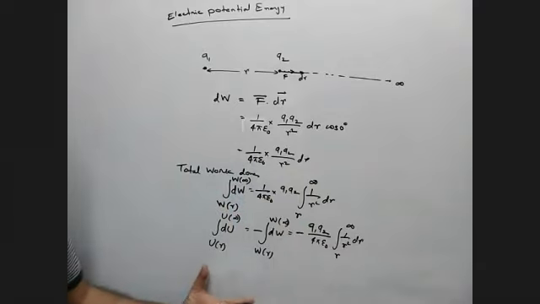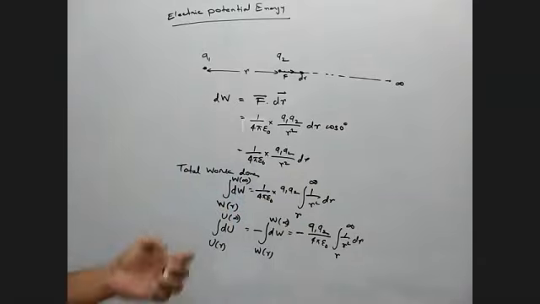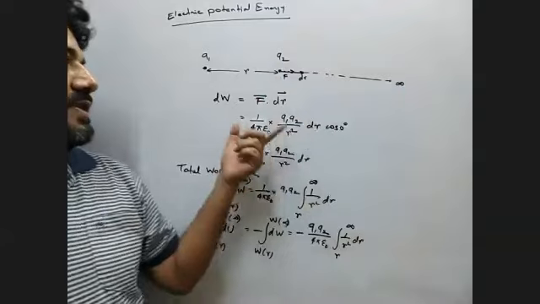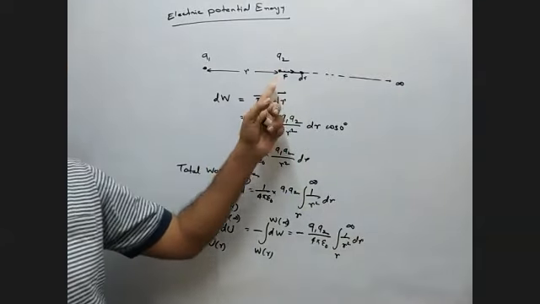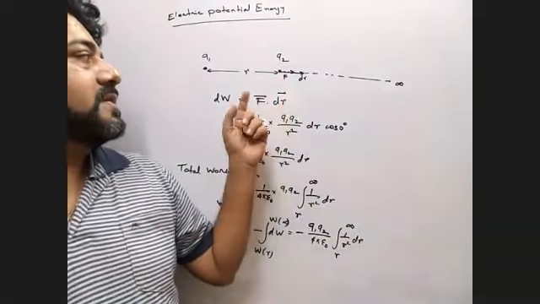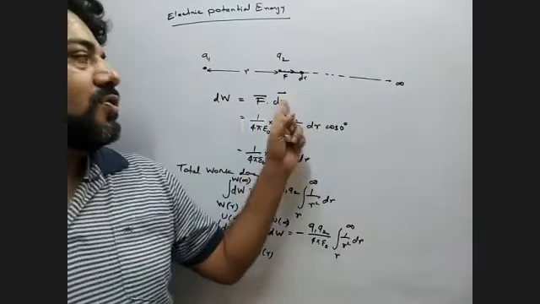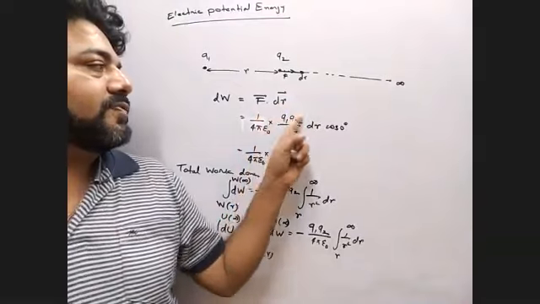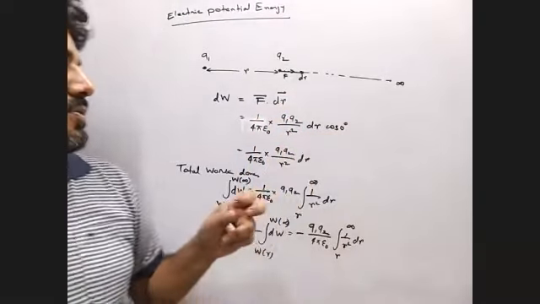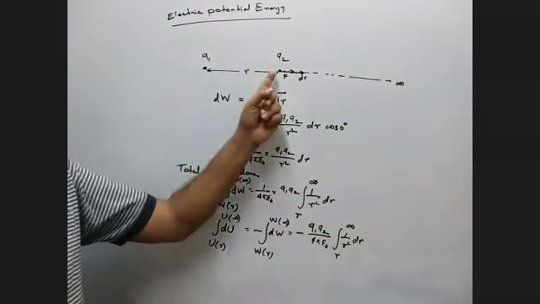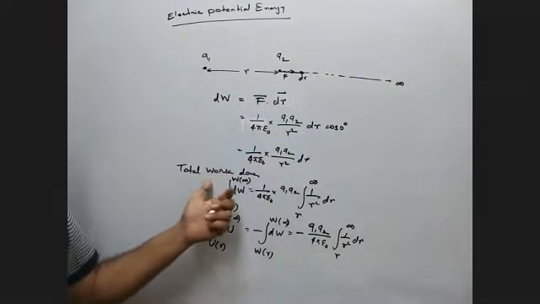Here we calculate the work done to move the particle from r to infinity. That is the work done for a very small instant when the distance is r and the angle is 0, so 1 by 4 pi epsilon Q1 Q2 by r square dr cos 0. As you move from r to infinity, we get the total work done.